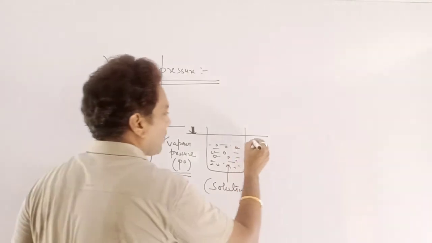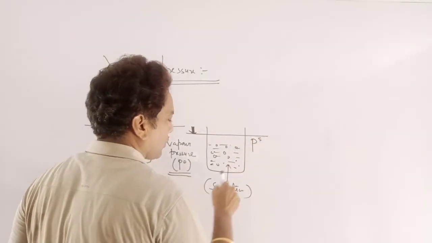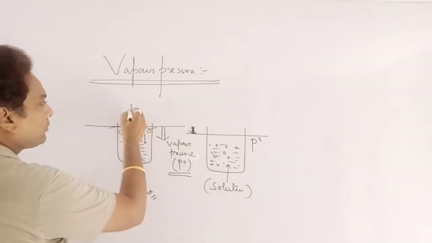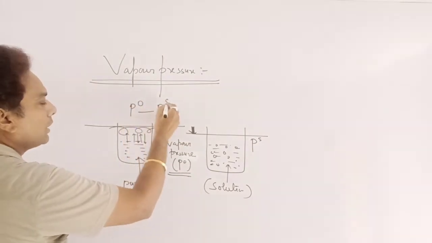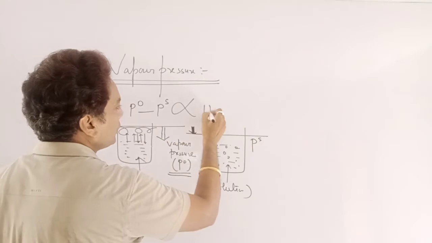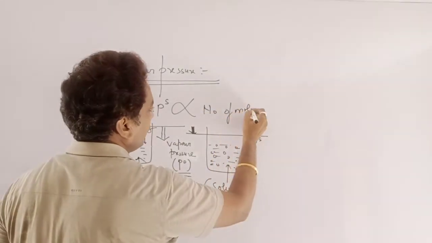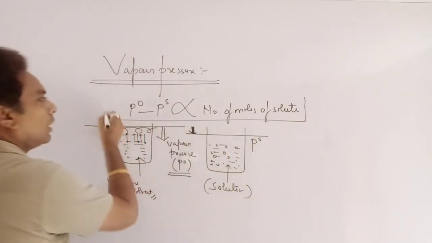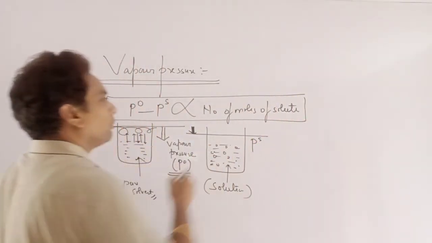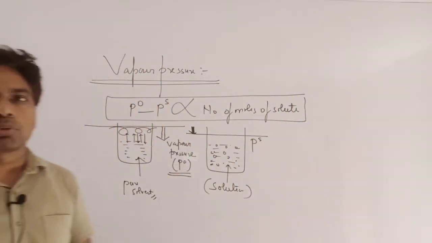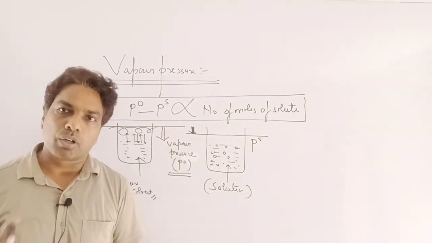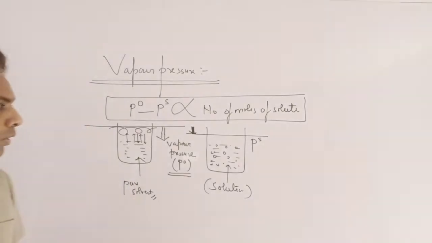Here, if we suppose the vapor pressure of the solution is Ps, then the lowering will be P naught minus Ps, which is directly proportional to the number of moles of solute. And since lowering of vapor pressure is directly proportional to the number of moles of solute, it is a colligative property.